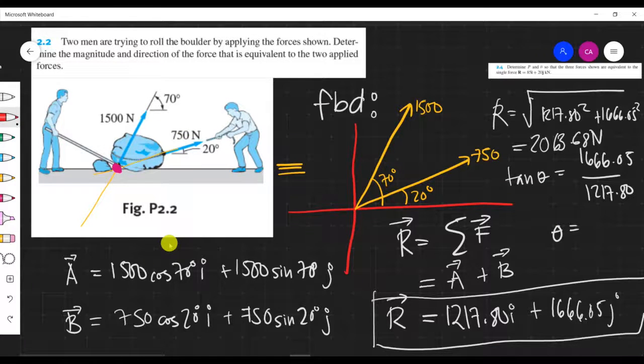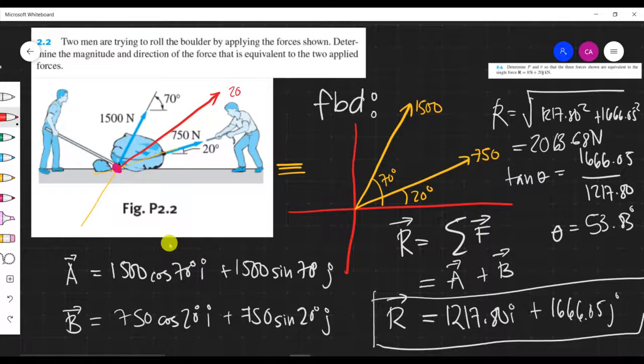The angle is 53.83. Alright? So when we sketch that, 53.83, the direction is roughly here.